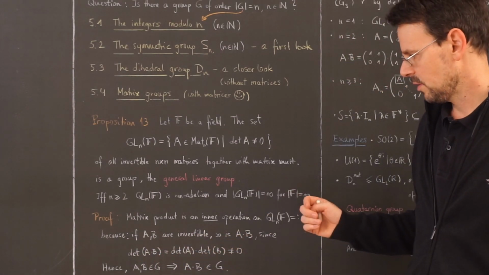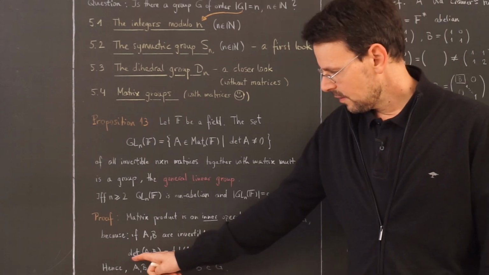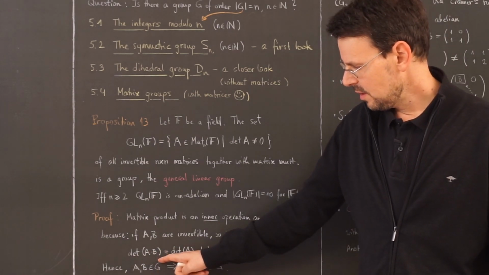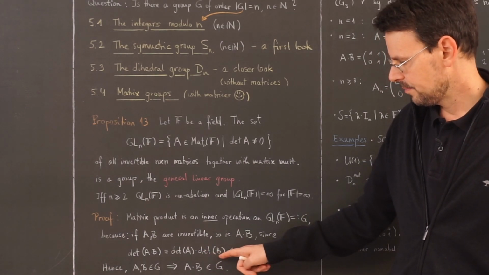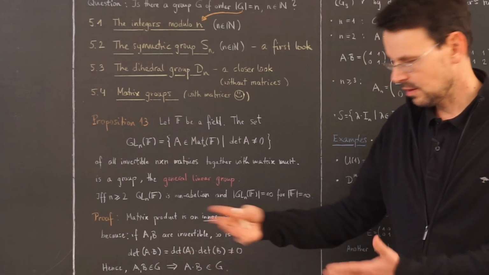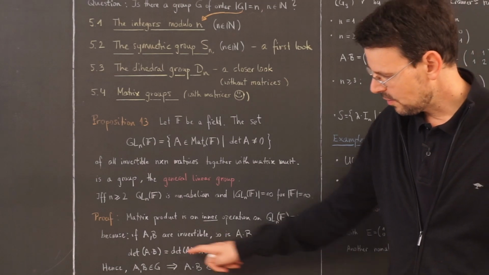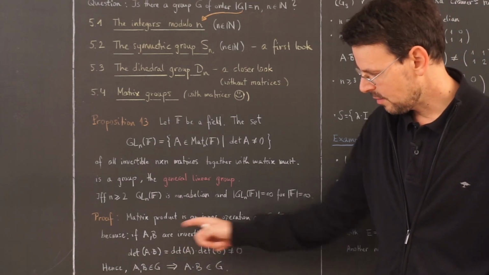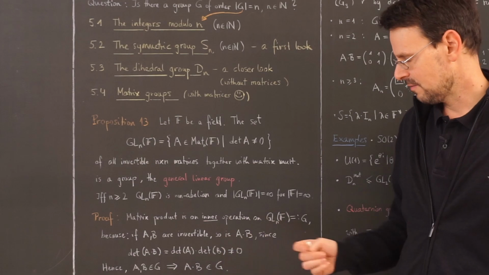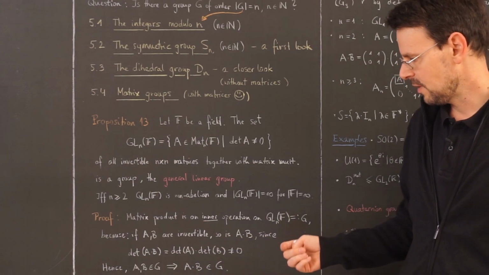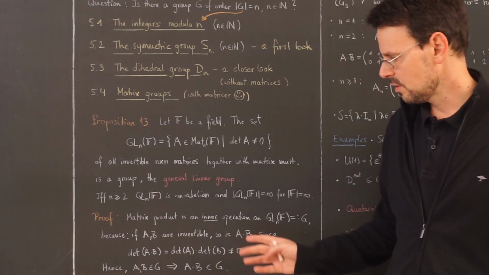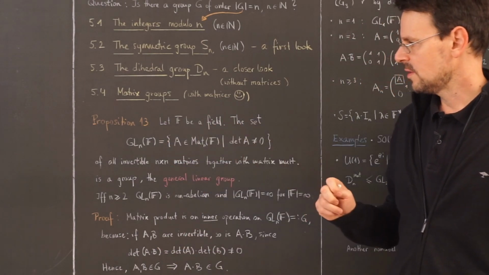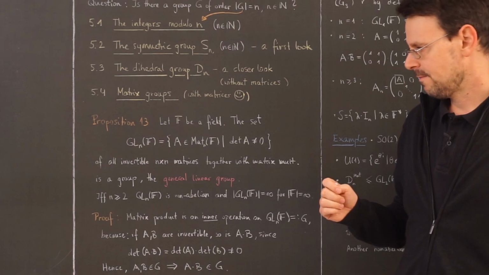The determinant of A times B is the determinant of A times the determinant of B. So this is simply a product in the field. And of course, if those are not zero, then the product is not zero because we have no zero divisors in any field. And this exactly means that A times B again is invertible, and by definition then it lies in GL_n of F.